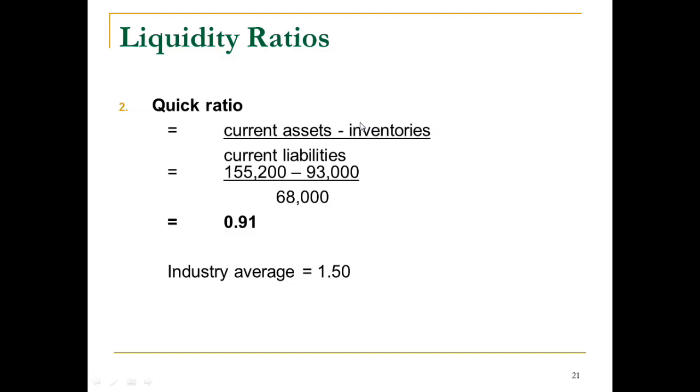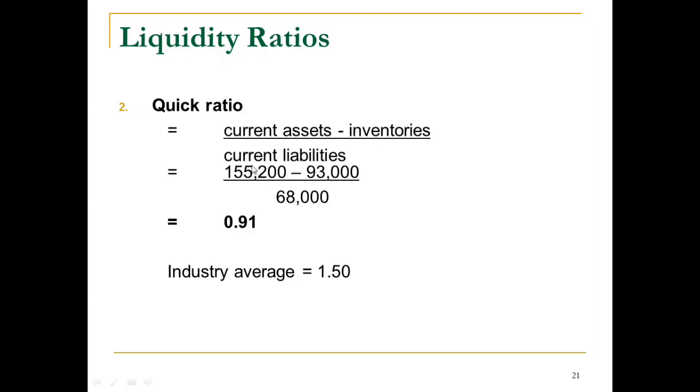Because inventories are the least convertible current asset, as inventories normally refer to either raw material, work in progress, or finished good. The raw material and the work in progress cannot be converted to cash in a very short time unless it is already finished as a finished good. And the same thing with finished good, to convert it to cash, you have to sell it first. So that's why if you want a better liquidity ratio, you minus inventories.